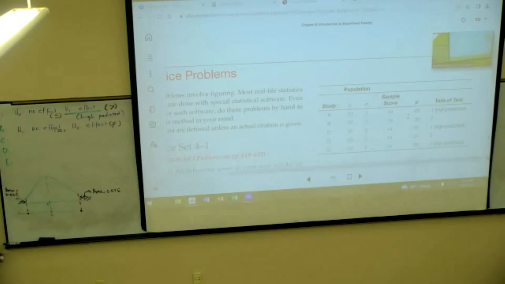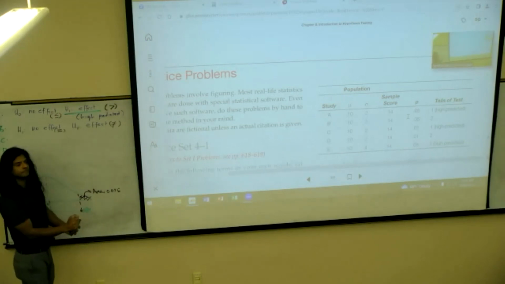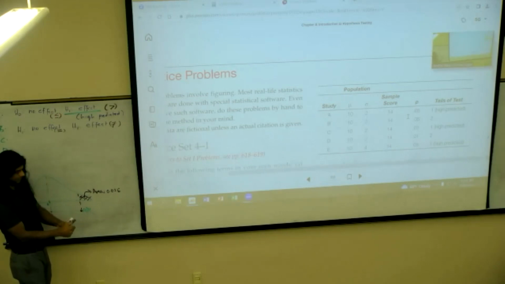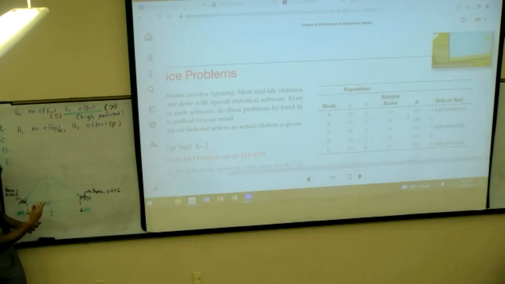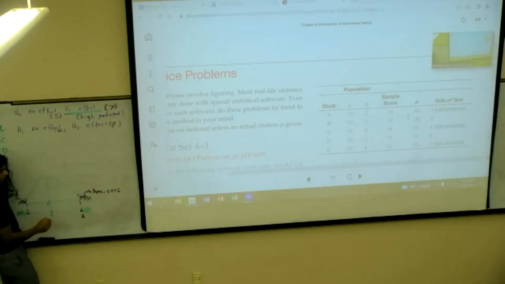Do we recall? You can look at your notes. Approximately 2. Savannah? Approximately 2, the exact value is 1.96. So 2 and minus 2.